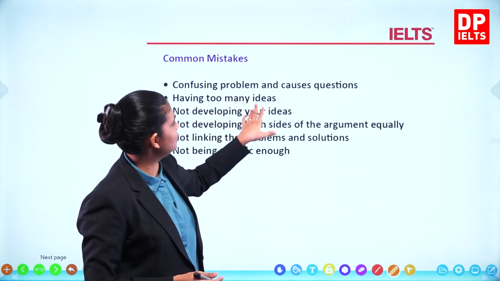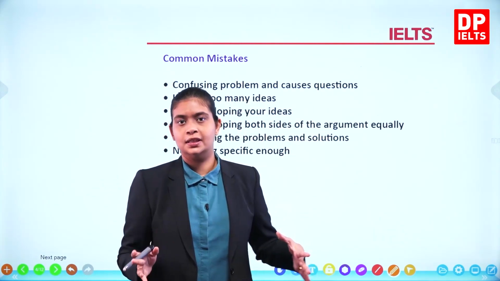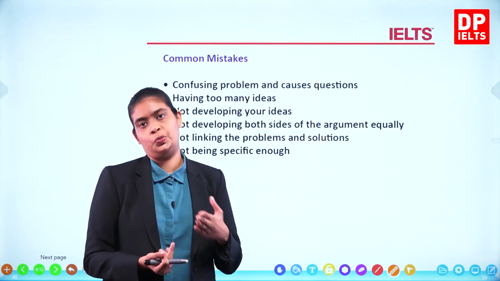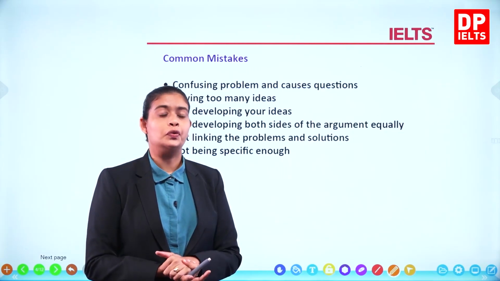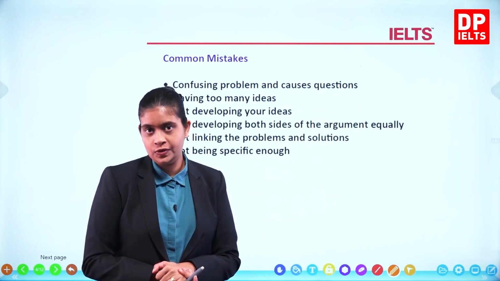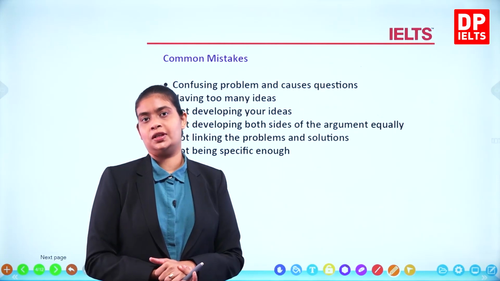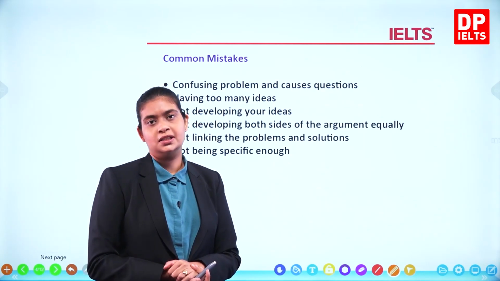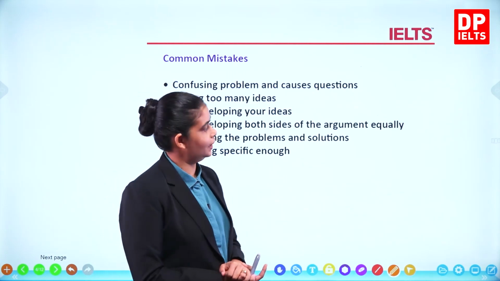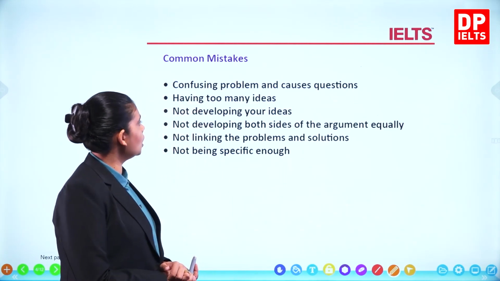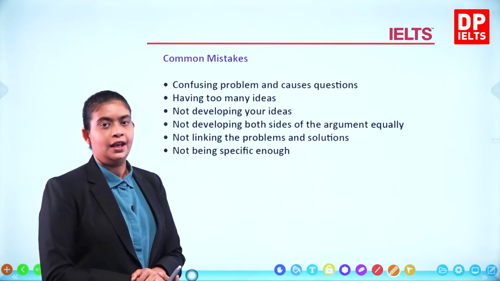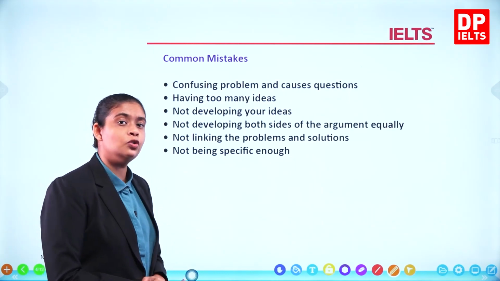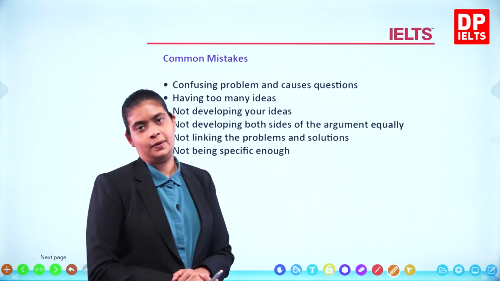And then most students have too many ideas. If you put too many ideas, your reader is going to get confused and you will also get confused when you're writing your answer. So don't clutter too many ideas, okay? Not developing on your ideas. This happens when you don't draw up your mind map, okay?